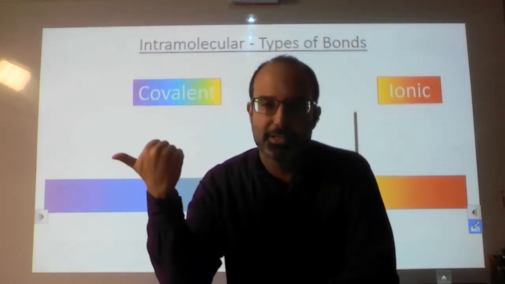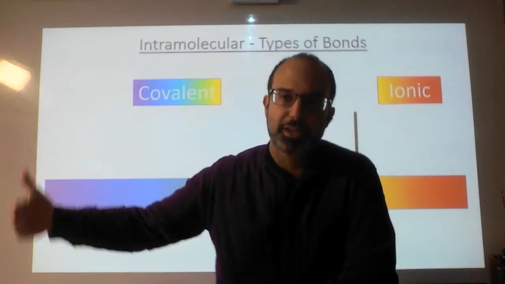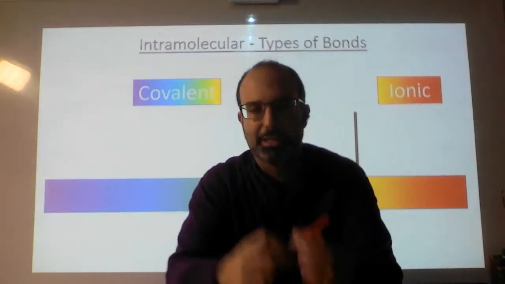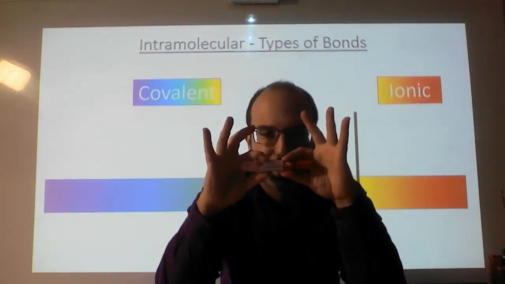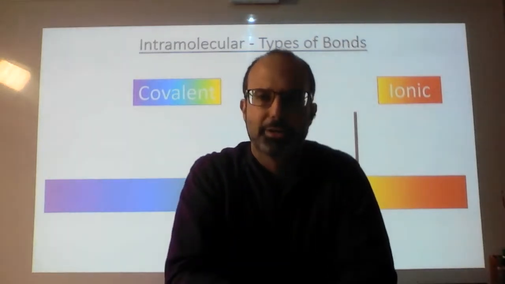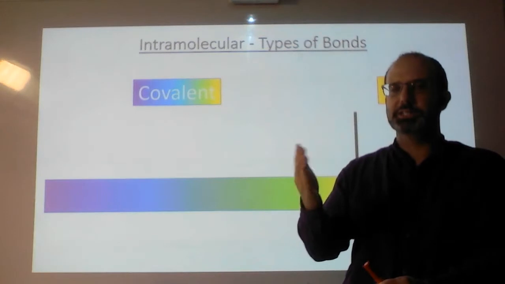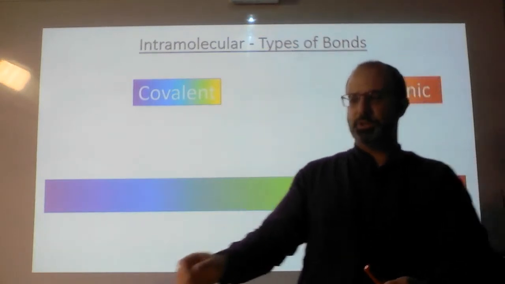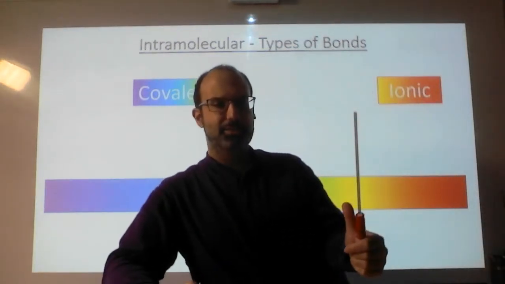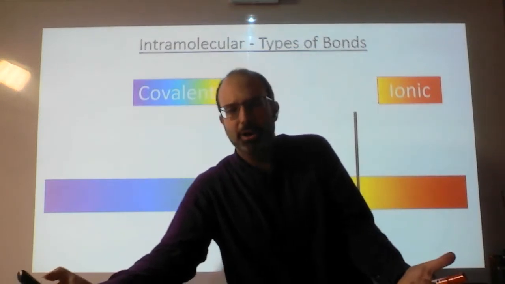Covalent on the other end, this is your big time sharing. So way over here, you're going to get two oxygens who are basically perfectly balanced in how much they hold on to this thing, each one pulling an equal amount. But then you got this area in the middle where different things can happen. Now you'll notice I put a little dividing line there. I'm saying that's the divide between ionic and covalent. It's pretty arbitrary, really.